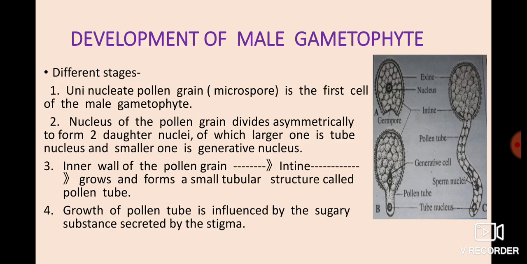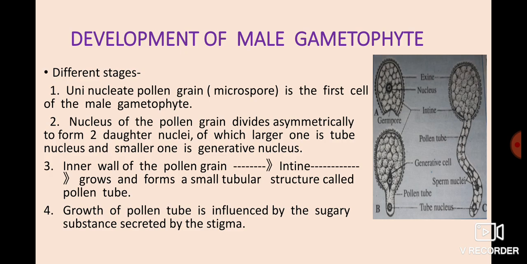Development of male gametophyte. Now we need to study how this male gametophyte development is taking place in the plant body. First of all, the uninucleate pollen grain. As I told you, the male gamete has to be micro in nature, so whenever we talk about male gamete, it is the microsporocyte or microspore.